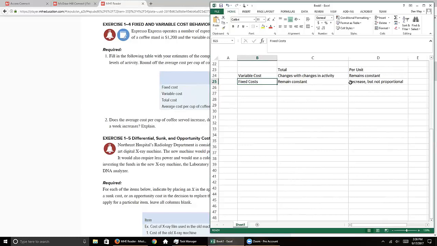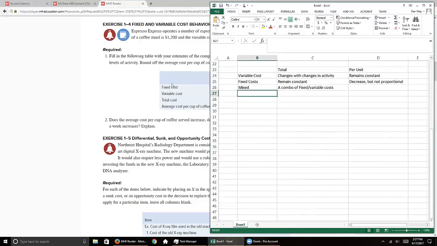So on a per unit or average basis, it's changing, but that change isn't necessarily proportional to the change in activity. And then with mixed costs, almost all bets are off. It's a combo of fixed and variable costs. Part of it's fixed, part of it's variable.